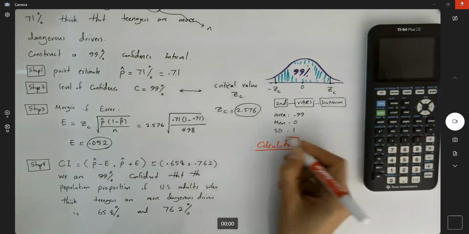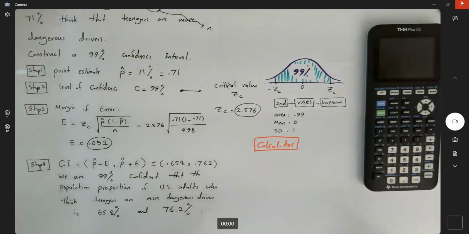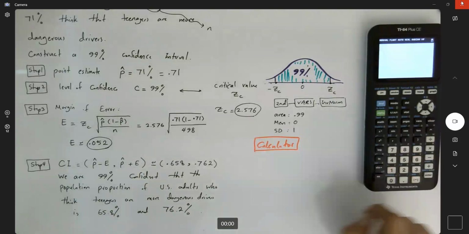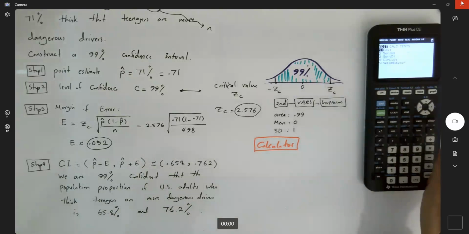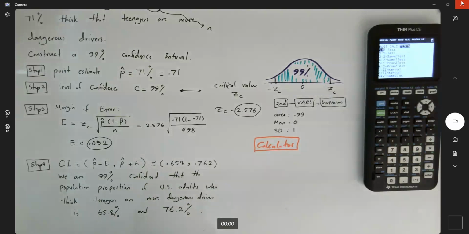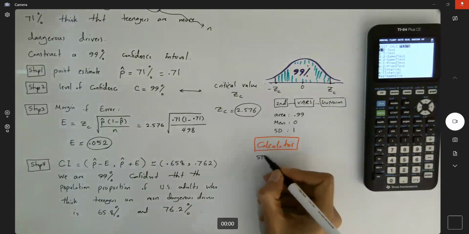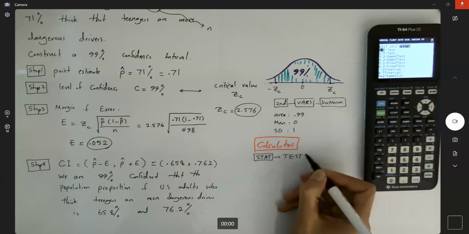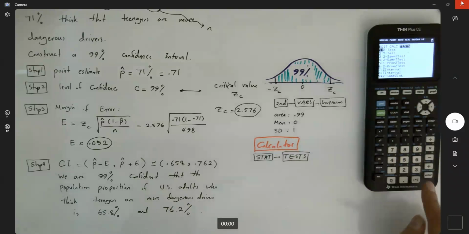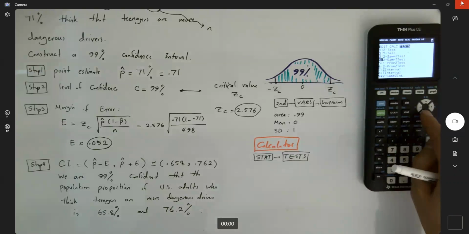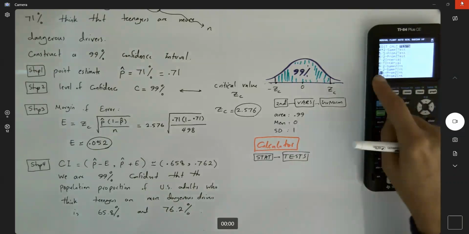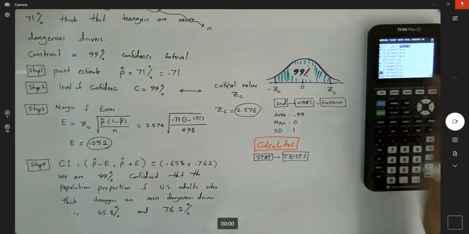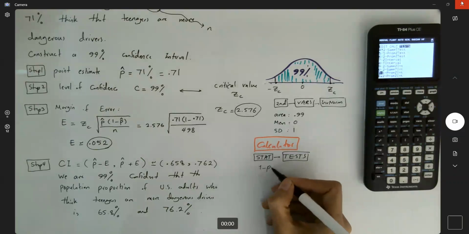Turn on your calculator, click on Stat, and go to Tests. In the tests, you need to find one proportion Z interval.